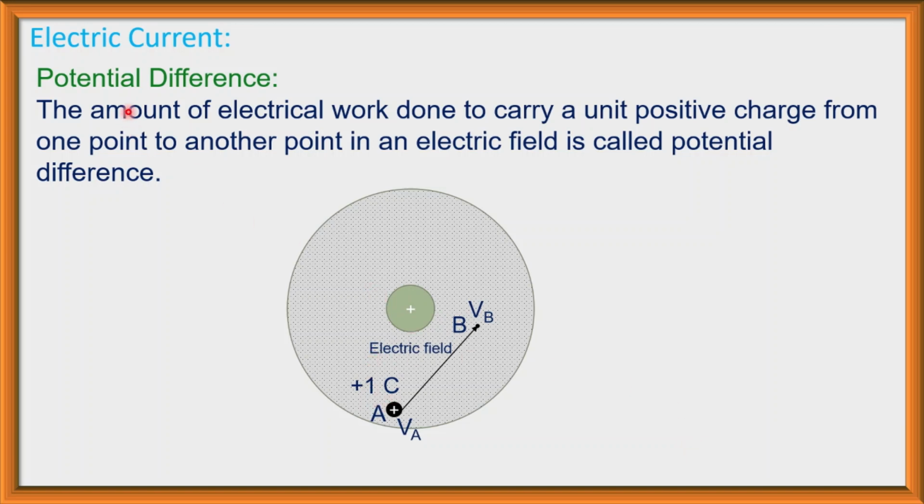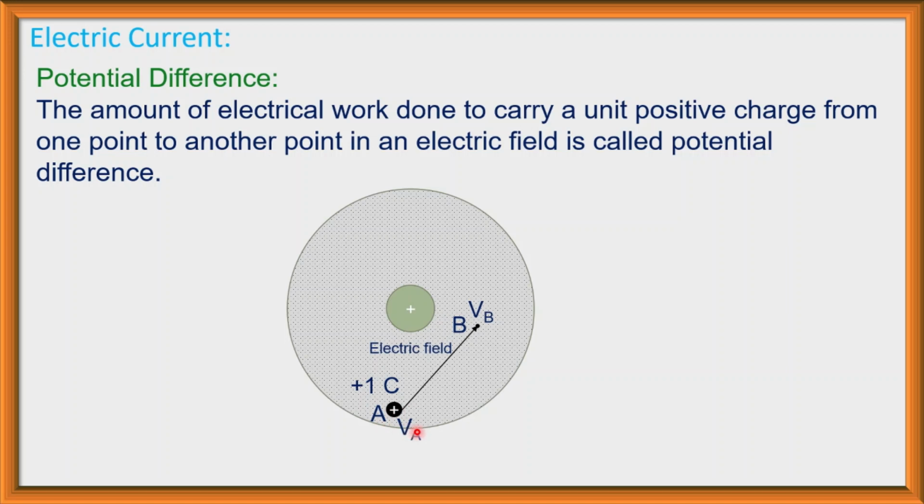According to this definition of potential difference, the amount of electrical work done to carry plus 1 coulomb charge from point A to point B is the potential difference between point A and point B. Here from one point to another point in an electric field, the amount of electrical work done to carry plus 1 coulomb charge, that is this charge, from A point to B point is electric potential difference between these 2 points.